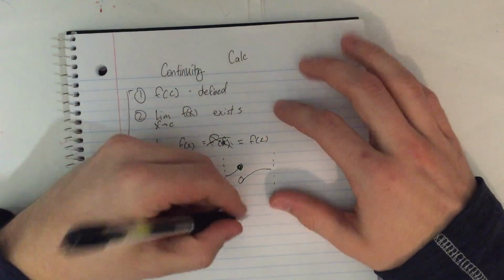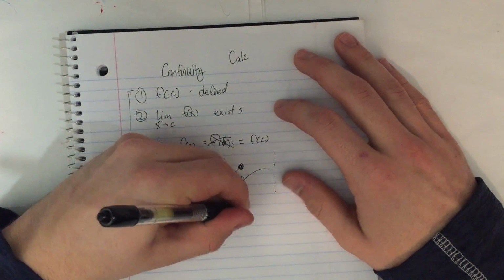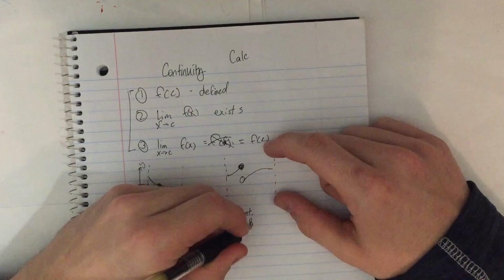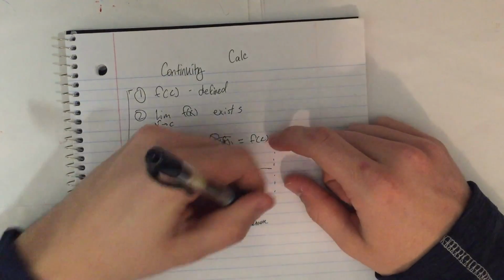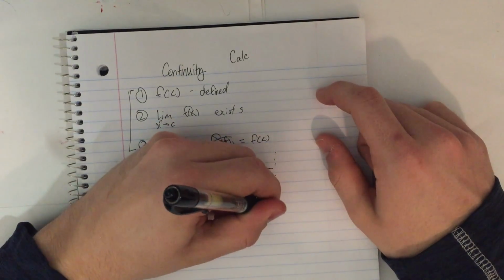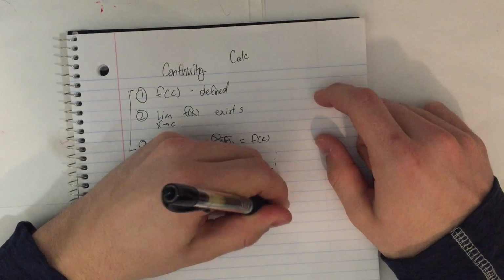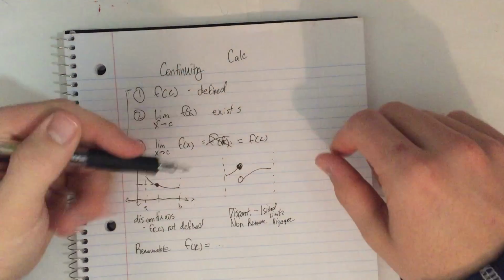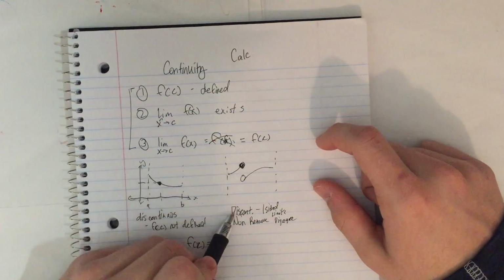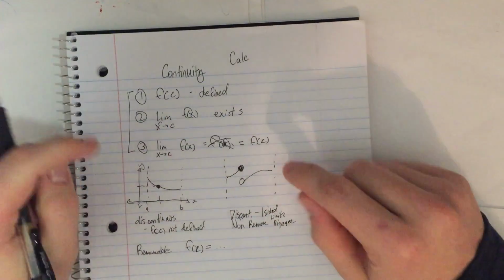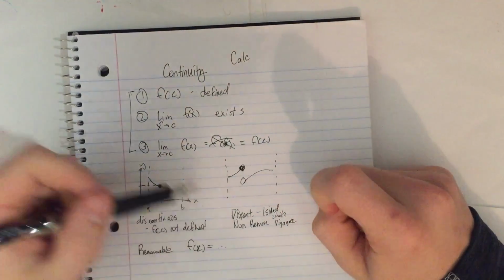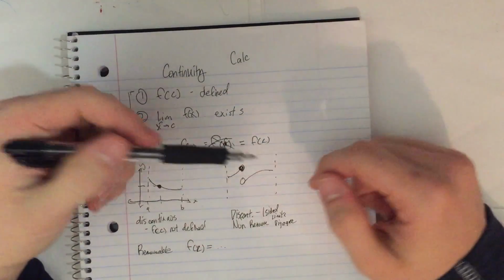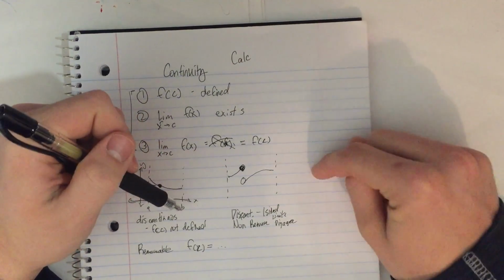This is also discontinuous, and this is a non-removable discontinuity because the one-sided limits disagree. So follow the logic here. The one-sided limits disagree, so there is no limit, and since it has no limit, it's discontinuous, and we can't redefine that. So this is a type of discontinuity we can't fix.